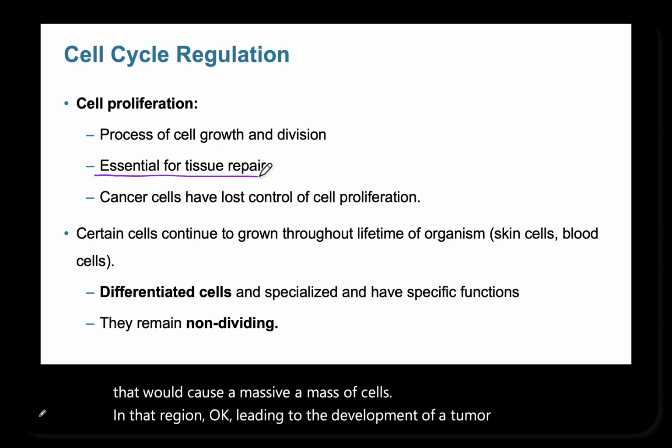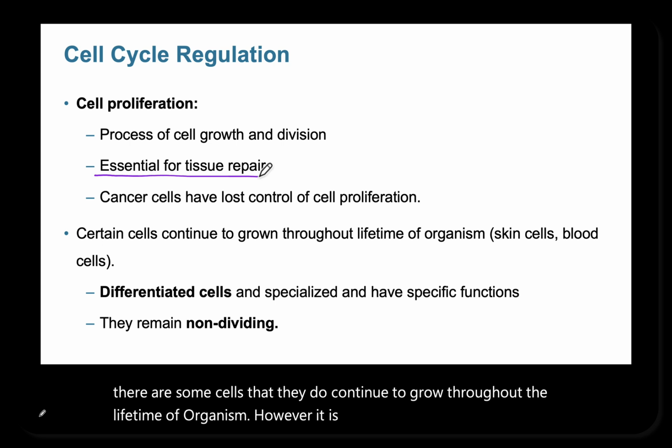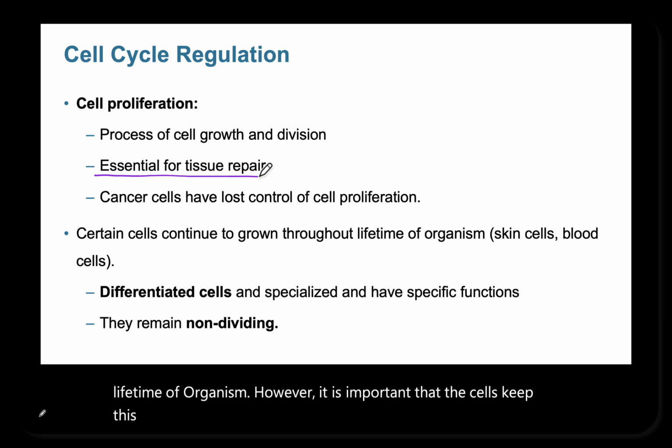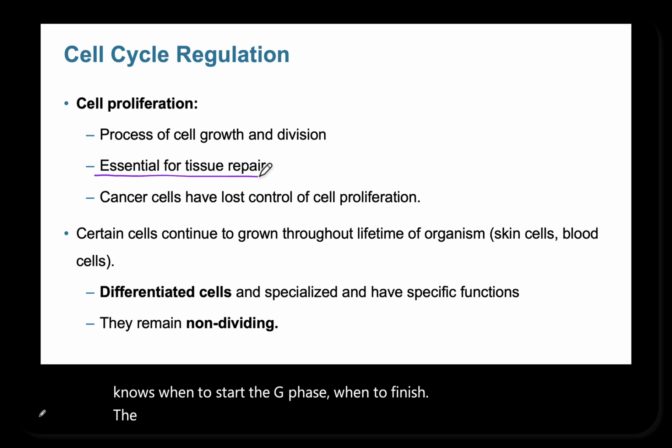There are some cells that do continue to grow throughout the lifetime of the organism. However, it is important that the cells keep this cell cycle regulation machinery under control, just so the cell knows when to start the G phase, when to finish the S phase, and when to transition to the mitotic or meiosis phases.